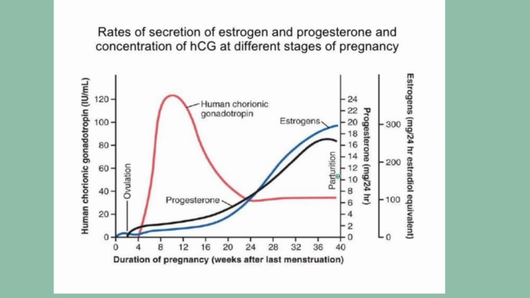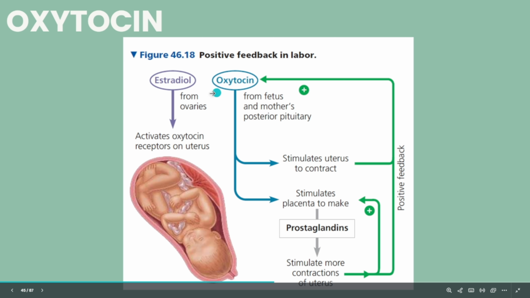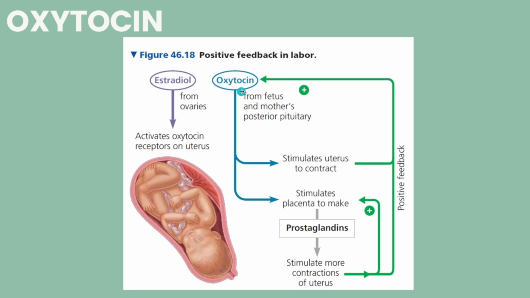Parturition is the birth, when the baby starts to come out from the mother's body. So estrogen will play a role with oxytocin to provide positive feedback in the labor stage, which is the parturition process.